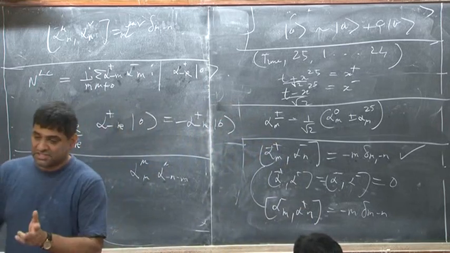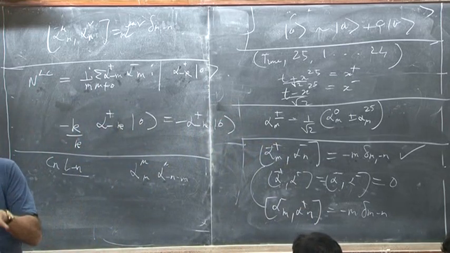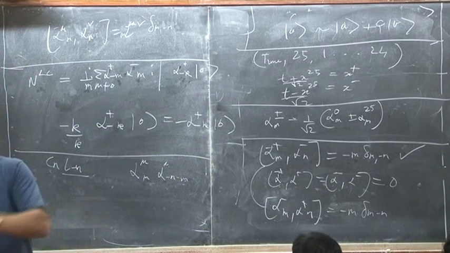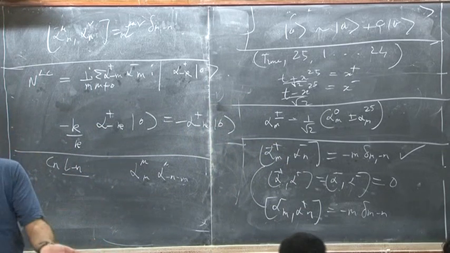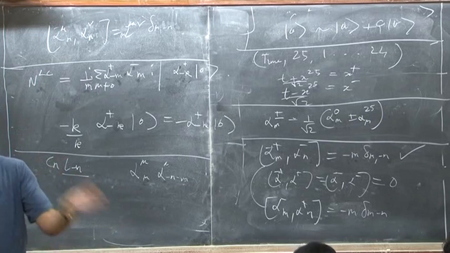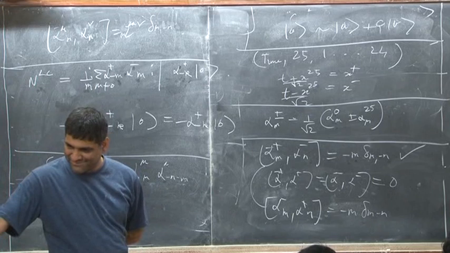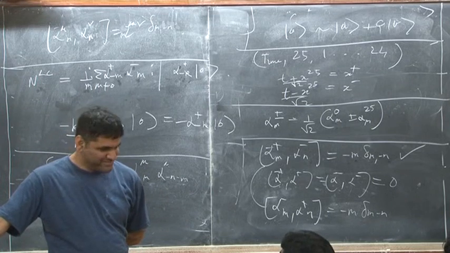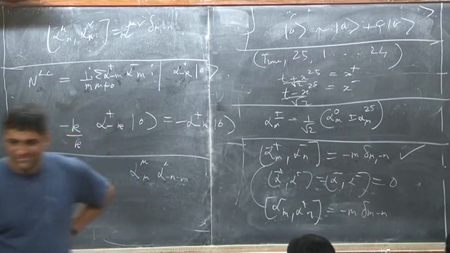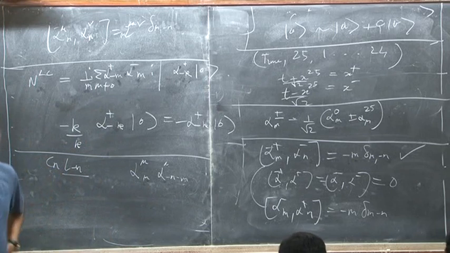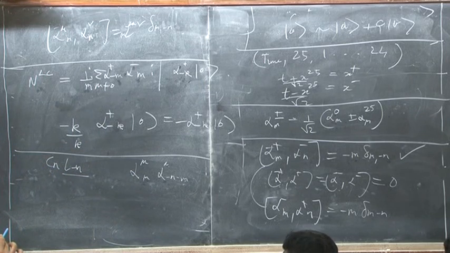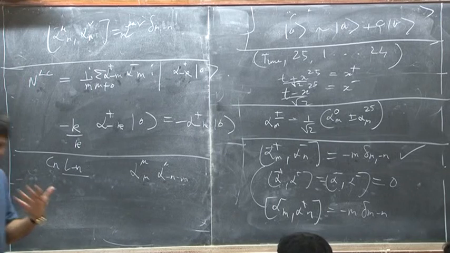Whether the sign is plus or minus, you have to look in more detail. Some terms will carry plus 1, some terms will carry minus 1. But it's clear that you'll only get charges 0, 1 or minus 1. Is this clear? So L minus n has two sets of terms, where alpha 0 comes with plus or alpha 0 comes with minus. And one will have a plus 1 charge, the other minus 1. Exactly.